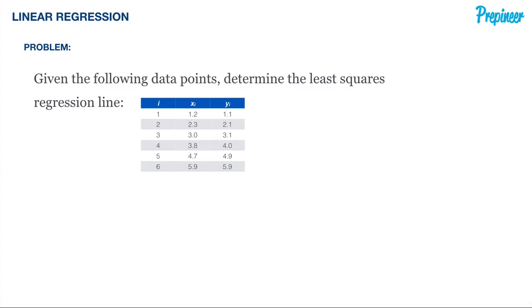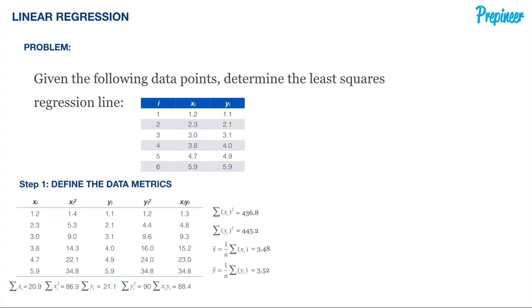So let's run through an example. Say we're given the following data points. Let's determine the least squares regression line. The least squares regression line is given in the standard form and can be found using the following process. The first step is to define the various metrics that are related to the data that we're given.